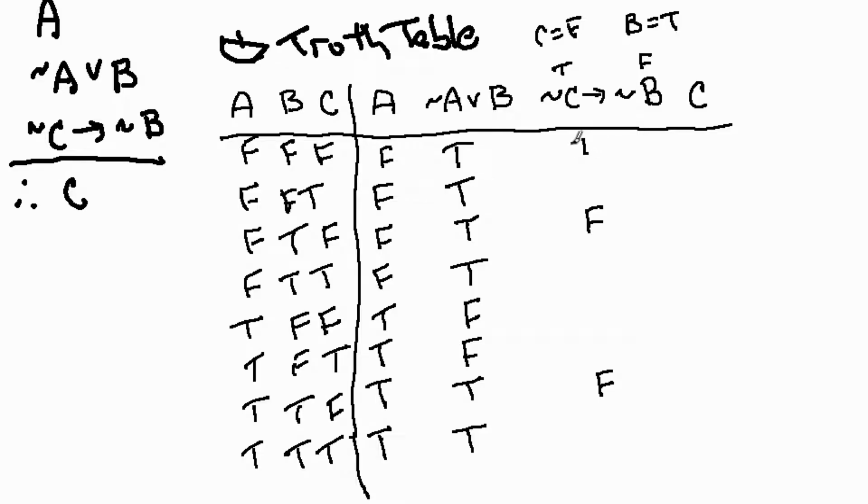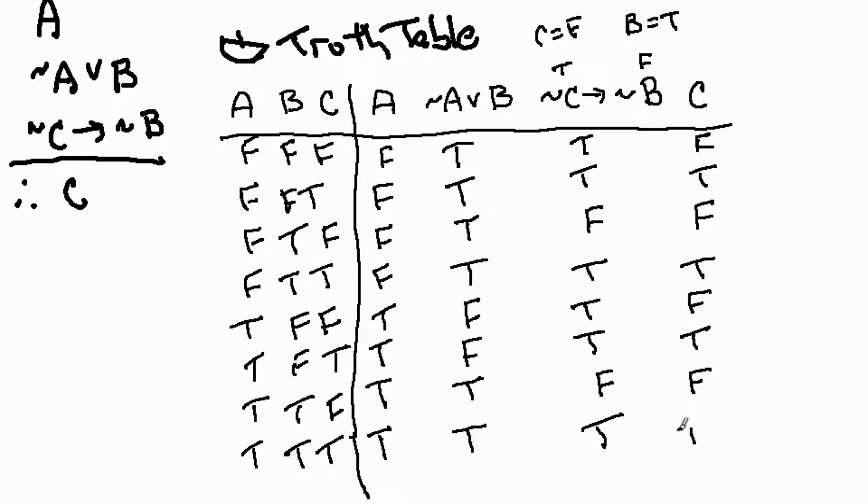So I come over here, true, true, true, true, true, and true. And now what I'm going to do over here is I'm just going to repeat column C, and I get false, true, false, true, false, true, false, true.